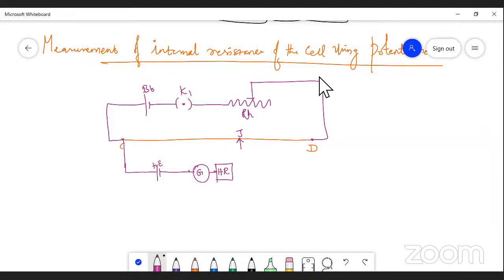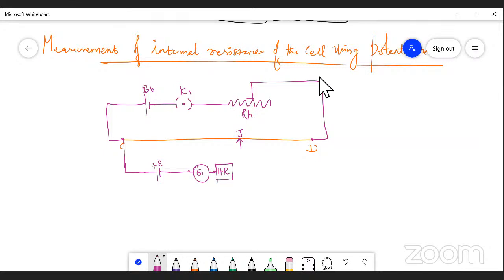A high resistance is always connected to the jockey before you connect the galvanometer, because the galvanometer has to be safeguarded from the sudden passage of current from a potentiometer circuit, so that the galvanometer will not get damaged.